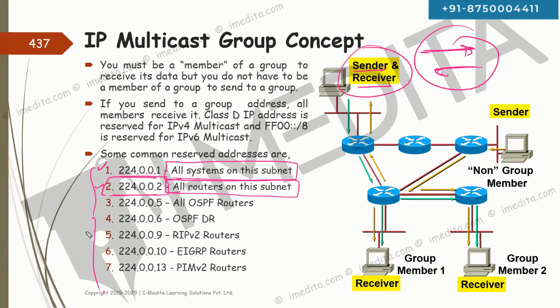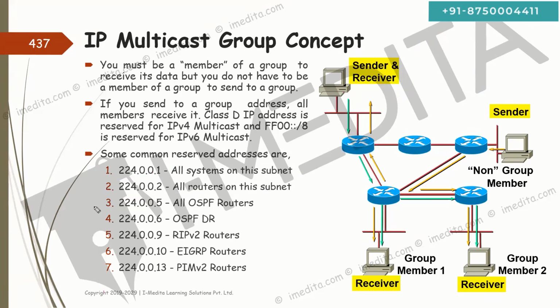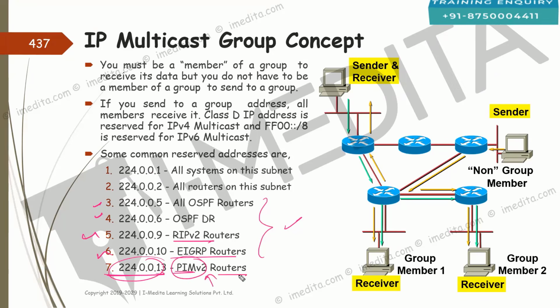And if you send it to 224.0.0.2, it will be received only by the routers on the subnet. 224.0.0.5 and .6 are used by OSPF, .9 used by RIP, .10 used by IGRP, we already know about that. And 224.0.0.13 is used by something called PIM, Protocol Independent Multicast routers.